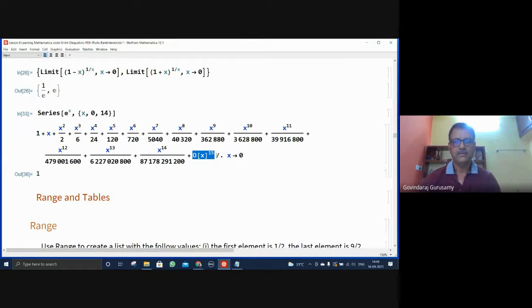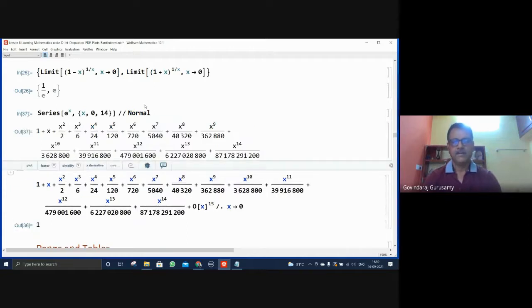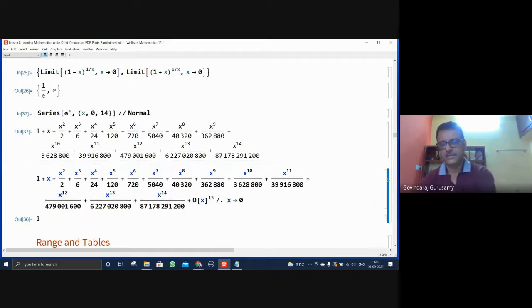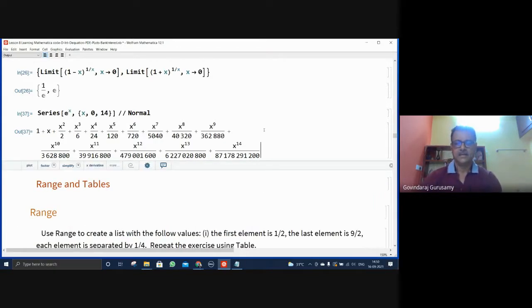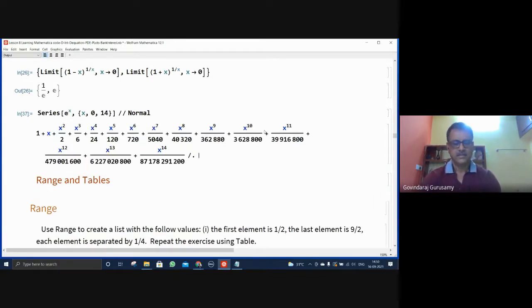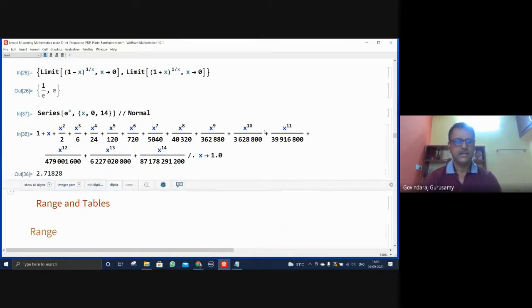I'm not able to even delete this. Make it normal. Eliminating that, then this can be removed. I want to just check where that is. x equal to 1.0. Yes, they're getting 2.71828.